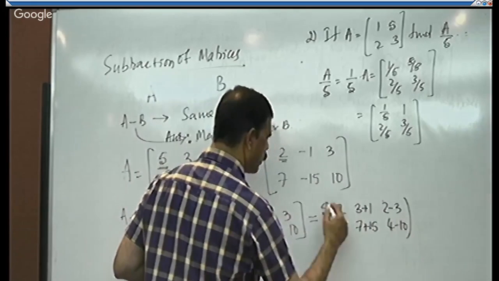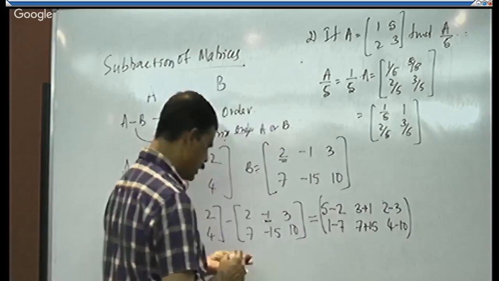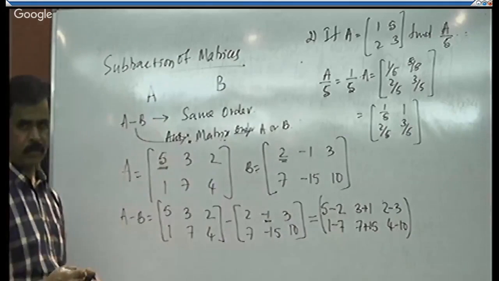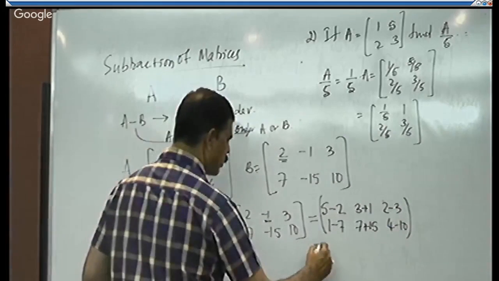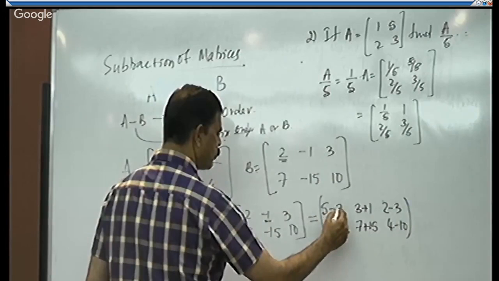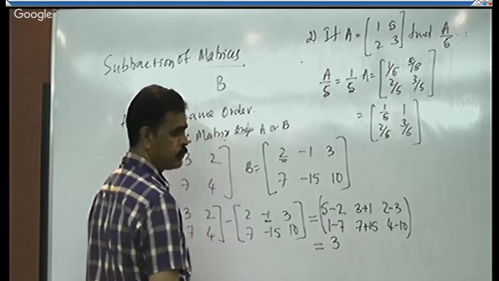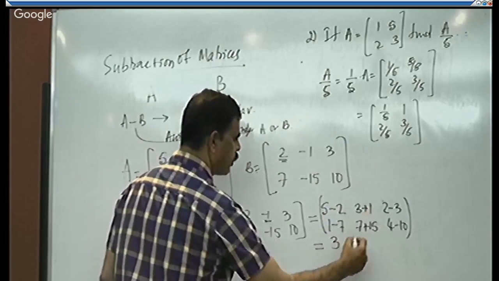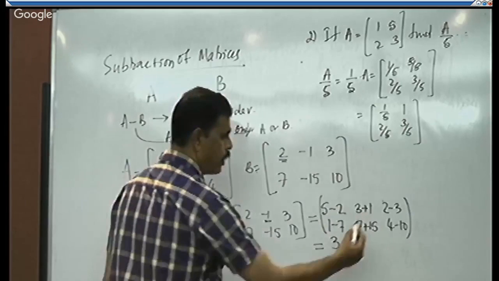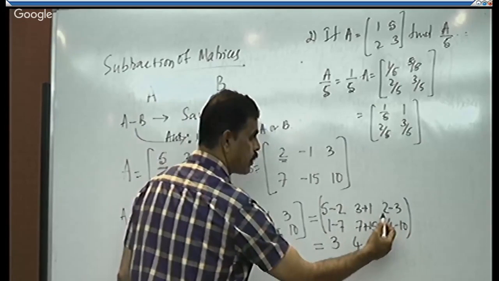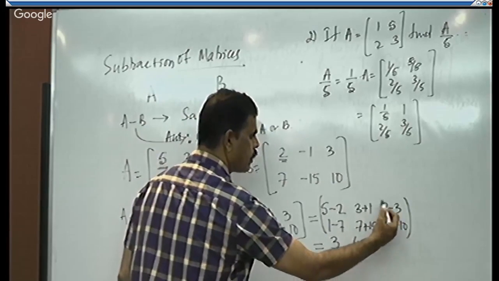You can write directly, but to understand clearly, I am writing everything. Right? What is the answer? 5 minus 2 is 3. 3 plus 1 is 4. 2 minus 3: the minus sign is there, opposite signs are there, take the difference.